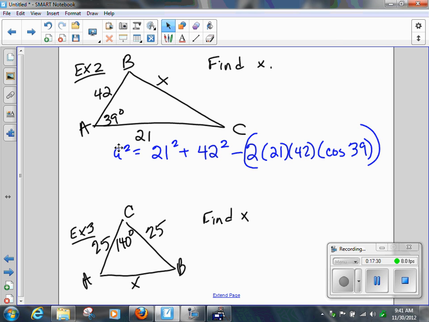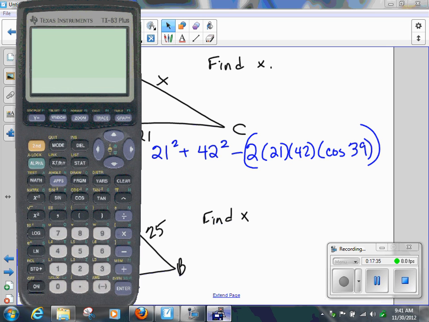Oh, all right. And then when you put that in your calculator, 21 squared plus 42 squared minus parentheses 2 times 21 times 42 times cosine 39, the second part.